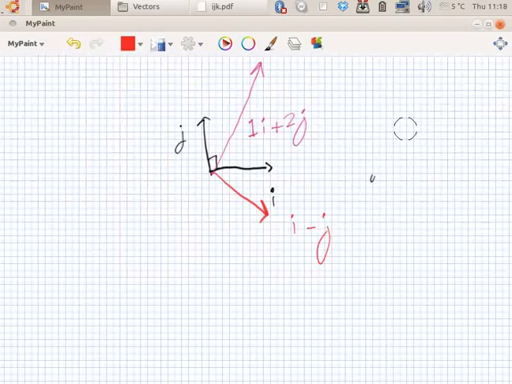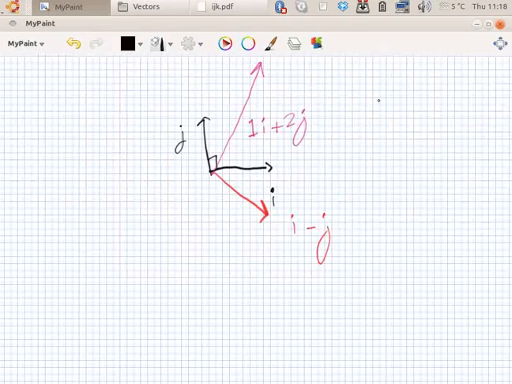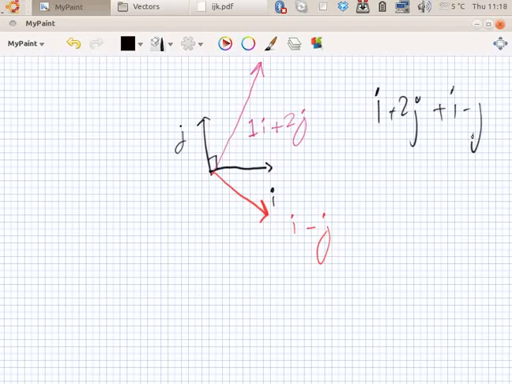But what's really nice is that when you write the vectors in this form, they're very easy to add together. So for example, this first vector, 1i plus 2j, if I add it to this vector, the i's and the j's add together like in algebra. So how many i's do I have? 2 i's, and how many j's? 1j, like that.